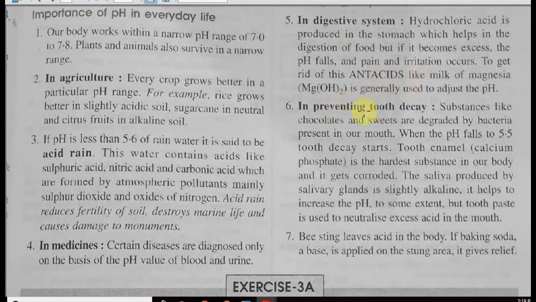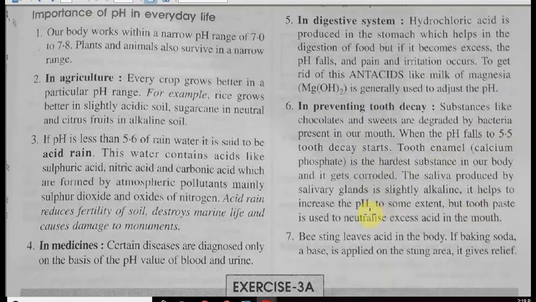Now, in prevention of tooth decay, substances like chocolate and sweets are degraded by bacteria present in our mouth. When the pH value falls to 5.5, tooth enamel gets corroded. So in order to prevent it, we use toothpaste.